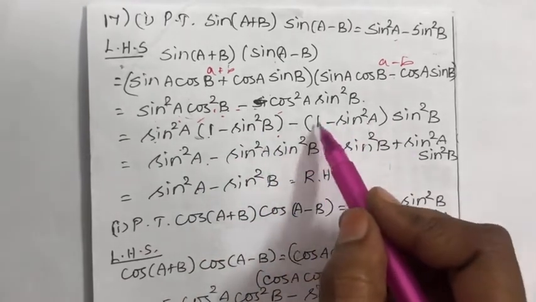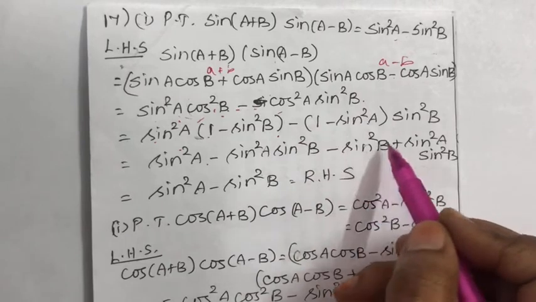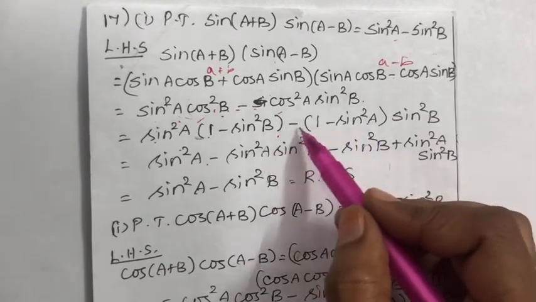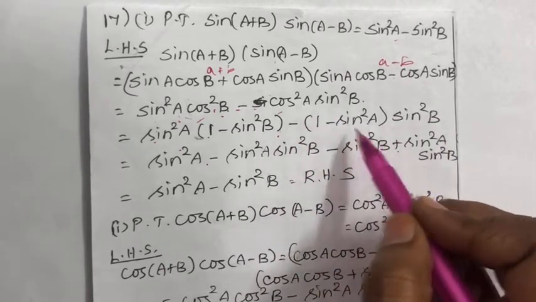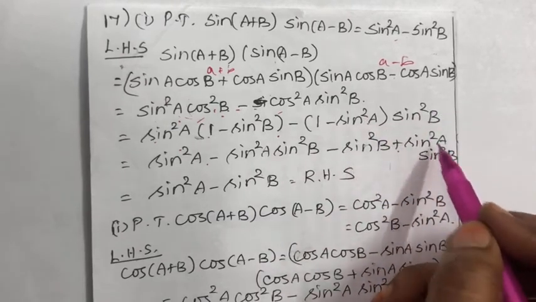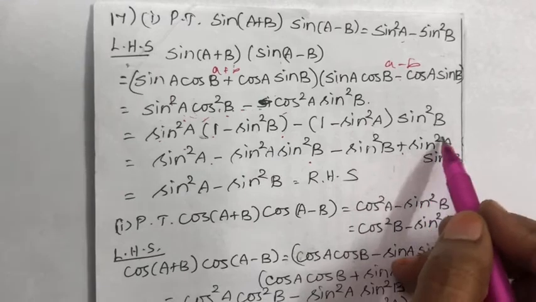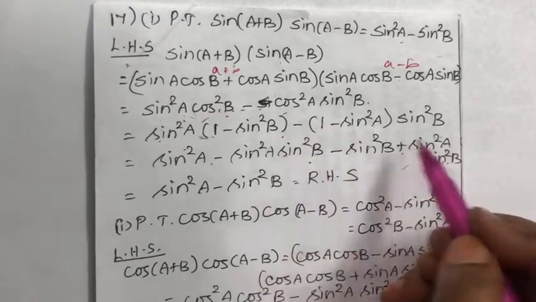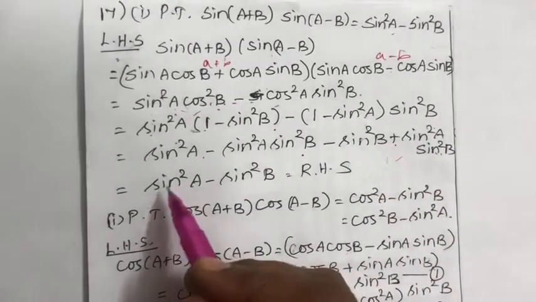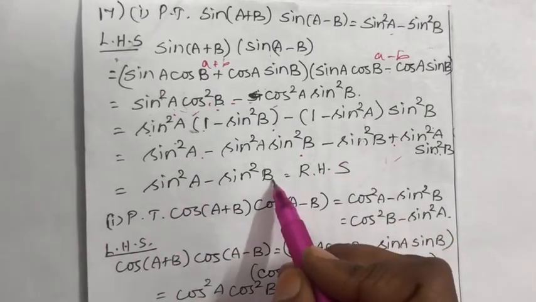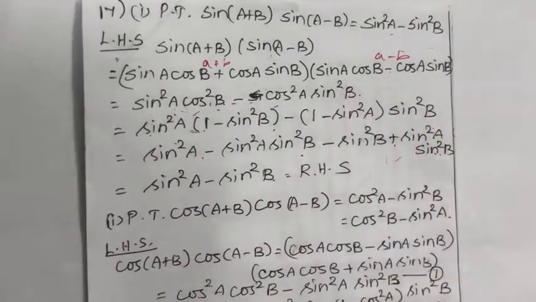Here minus 1 into sin square b, that is minus sin square b, minus into minus it is plus sin square a into sin square b. So here minus sin square a sin square b, here plus sin square a sin square b, it will get cancelled and our answer is sin square a minus sin square b. That's what we have to prove.